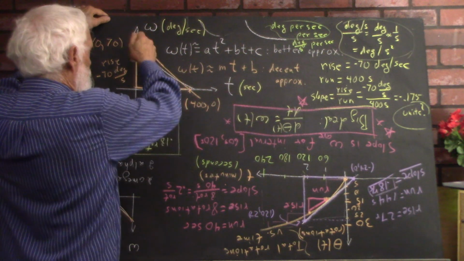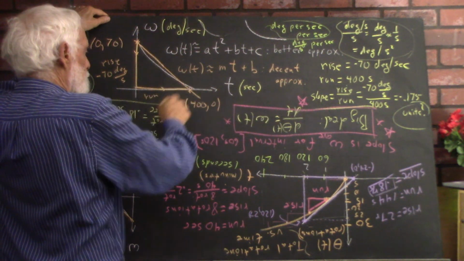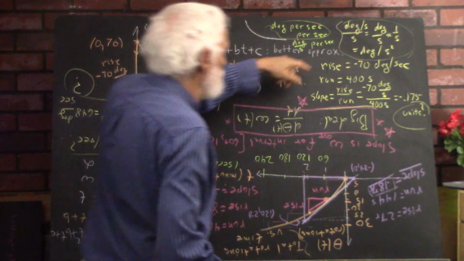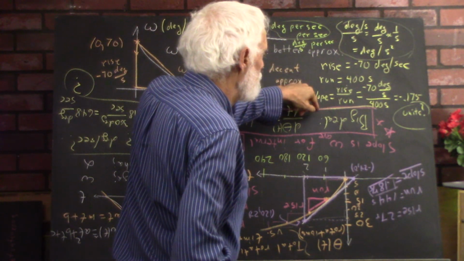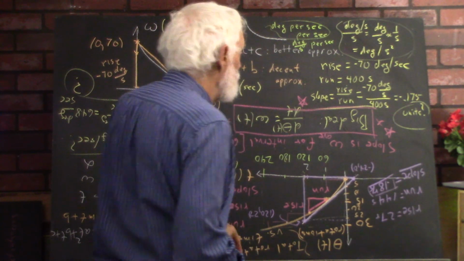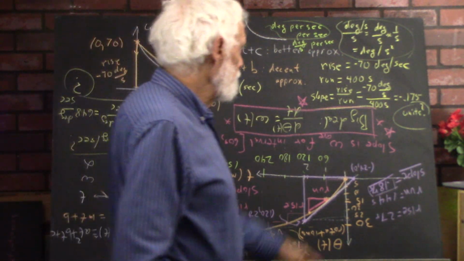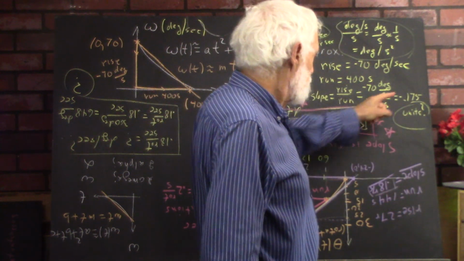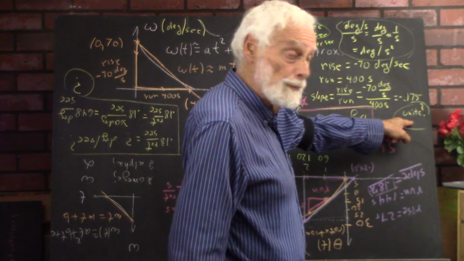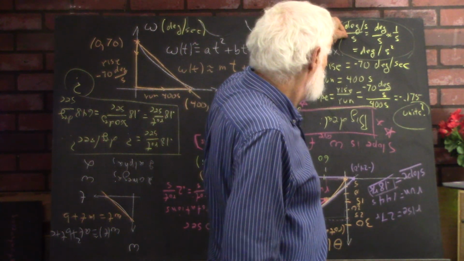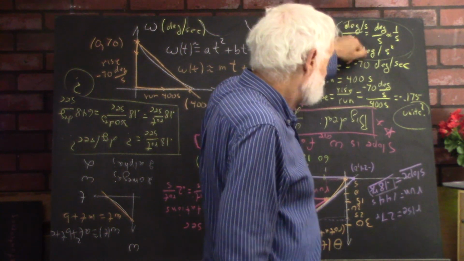A run going from this point to this point in this direction of 400 seconds. And here we calculate the rise over the run to calculate this approximate slope, which would be negative 0.175. When we did this, I said the question is, what are the units? Okay, well, the units are degrees over seconds, degrees per second over seconds, as we said.